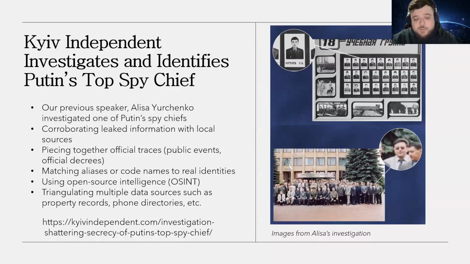They also used leaked information from local sources, which, one of the things we'll talk about is the ethics of using leaked sources as well. But they matched aliases and code names to actual identities, going back and using open source intelligence again.